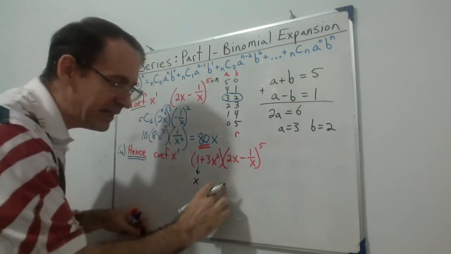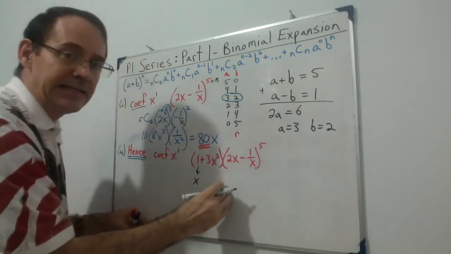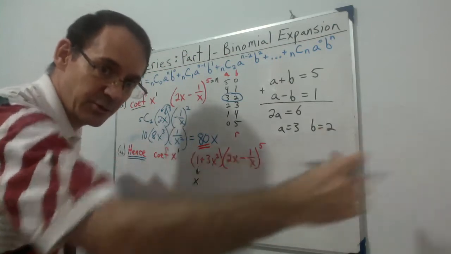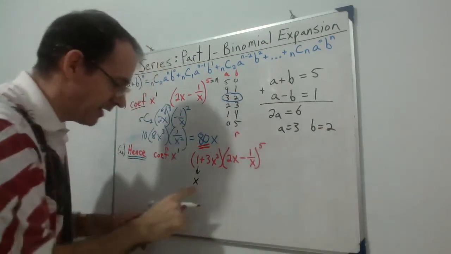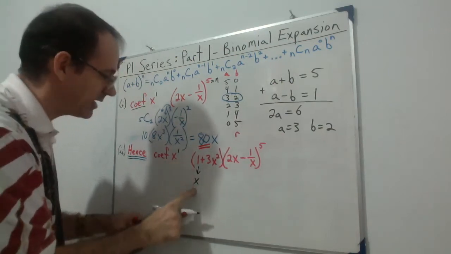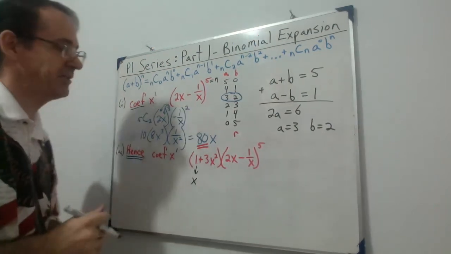So I don't need the x to the 0, the constant. I need the x to the 1. I don't need the x squared, the x cubed, the x to whatever. There's only 1 term in that expansion that's going to have an x. And a constant times x gives me x. Mental correlation.